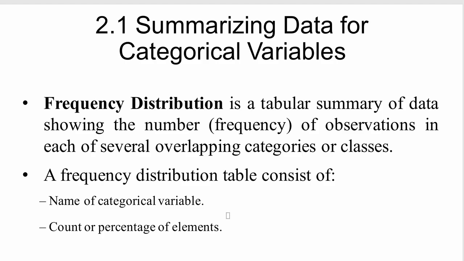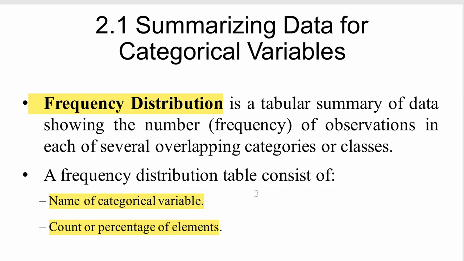Now remember, we've already defined categorical variables as variables that contain values we cannot perform arithmetic operations on. And so for summarizing categorical variables, the first thing we need to do is to create what we call a frequency distribution. A frequency distribution basically is a table of our data, and on that table we show the name of the categorical variable and then the number of individuals belonging to that categorical variable.